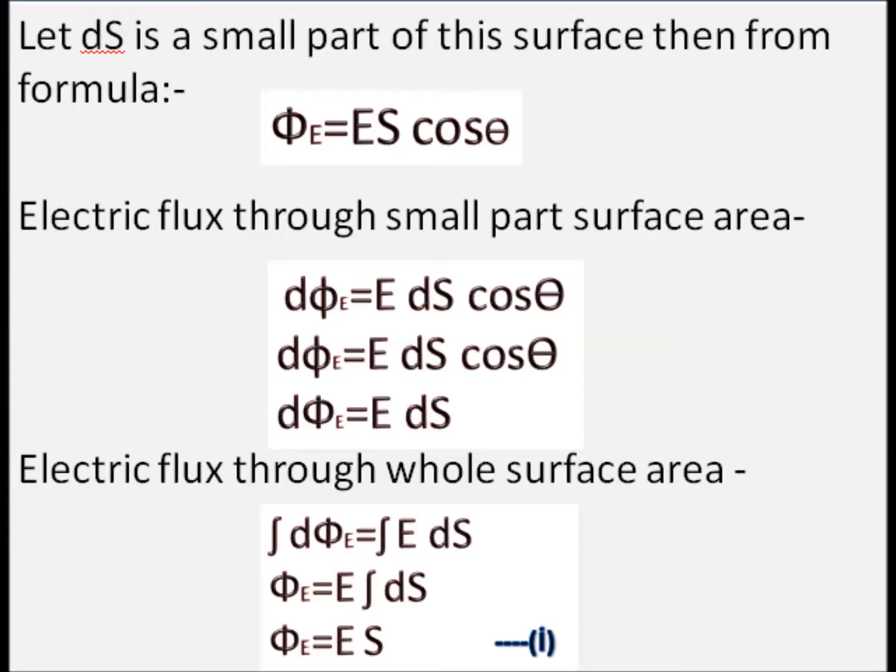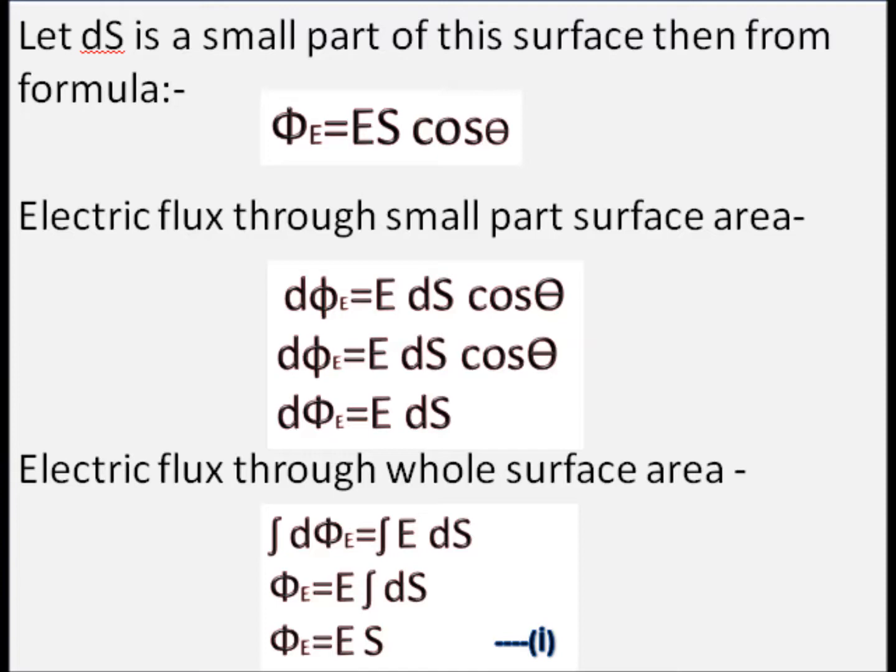The electric flux through the whole surface area is the integral of d phi E, the integral of E ds. After simplifying, we get phi E equal to E into S, that is, electric field intensity into the whole surface area, which is equation 1 of this derivation.